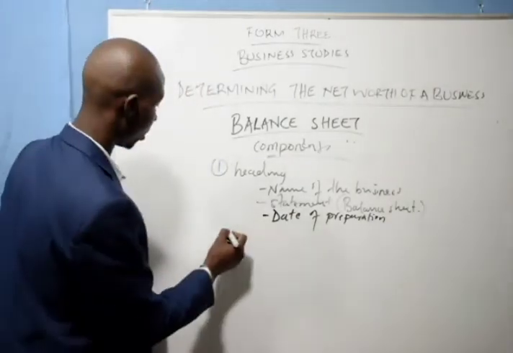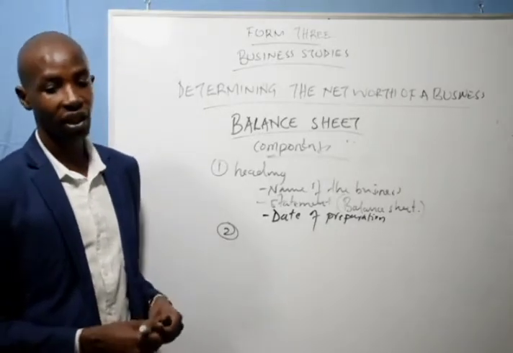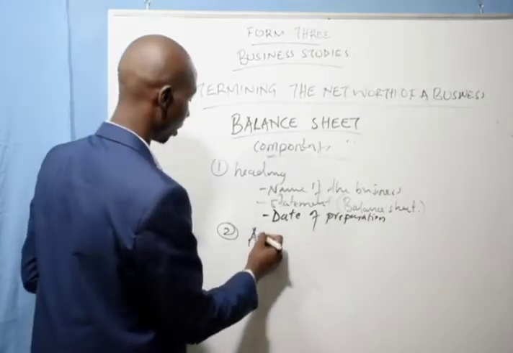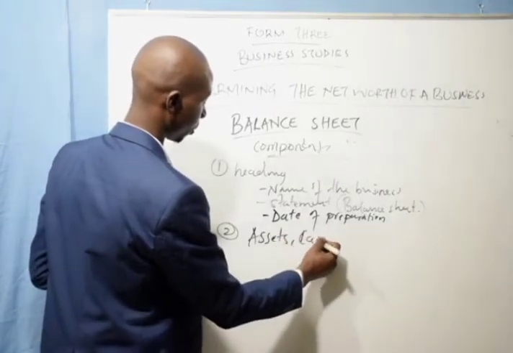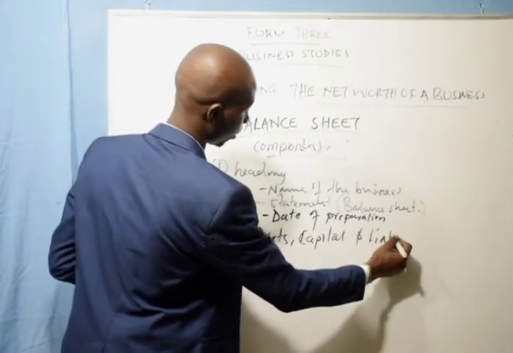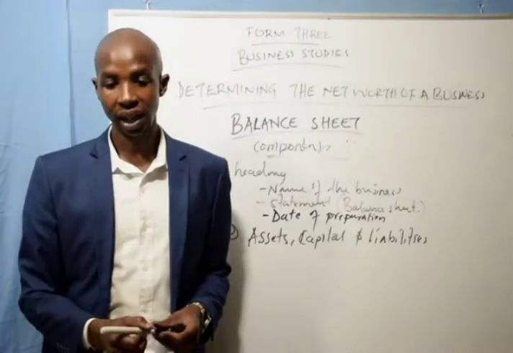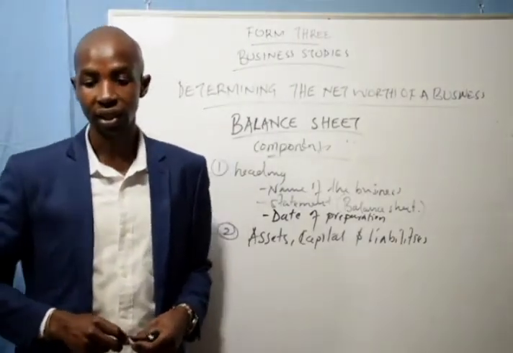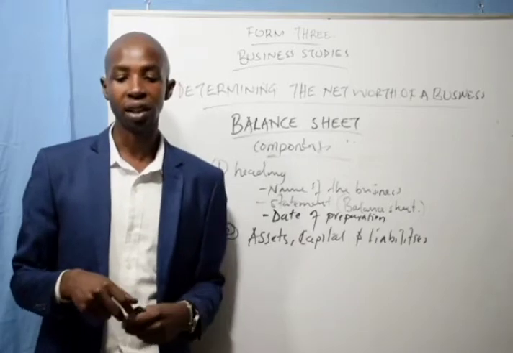We have assets, capital, and liabilities. Here, assets are recorded on one side, and capital and liabilities are recorded on the other side.